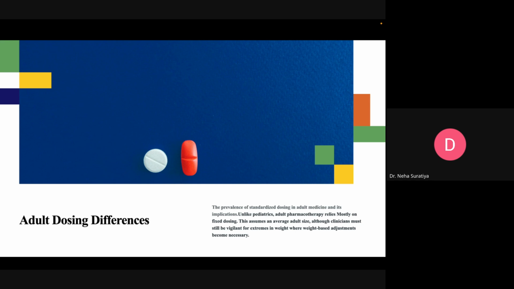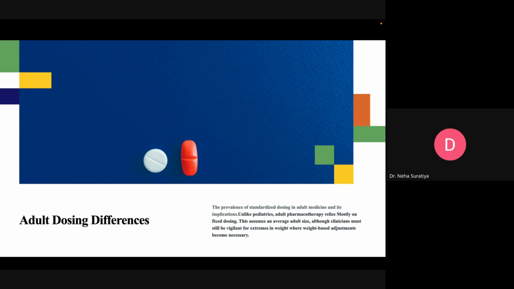And adult dosing differences. Let's shift our focus to adult dosing, which works very differently. In adults, most of the drugs have a fixed dose. For example, 500 mg or 1 gram once or twice daily. This is fixed. Why? Because adult physiology is relatively stable, predictable, and less variable than in pediatrics.